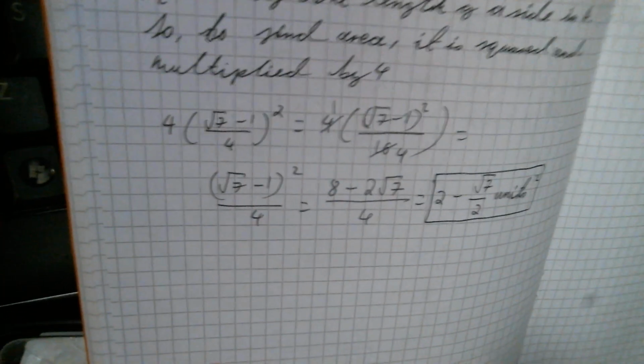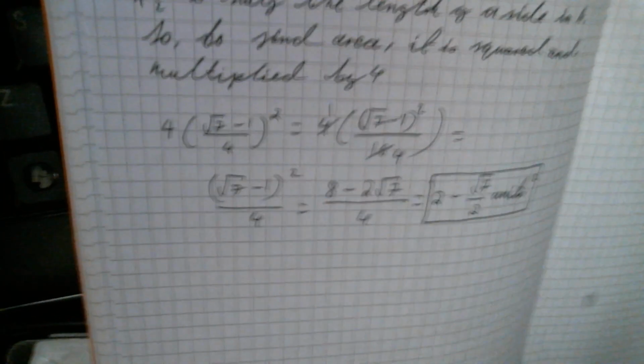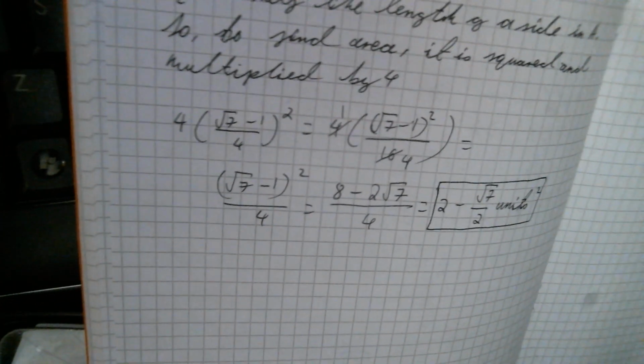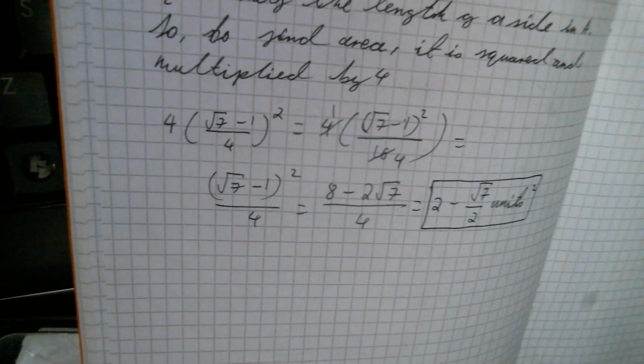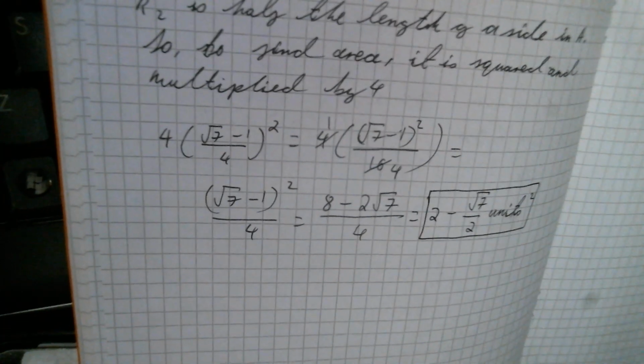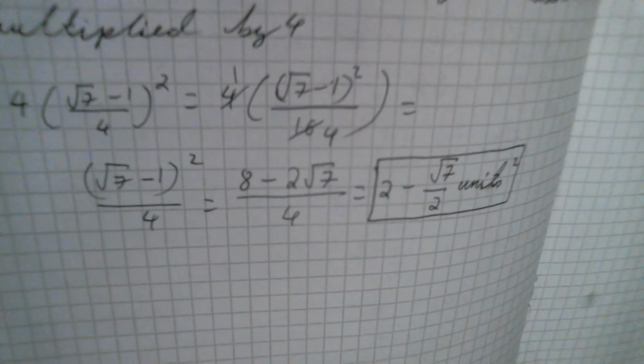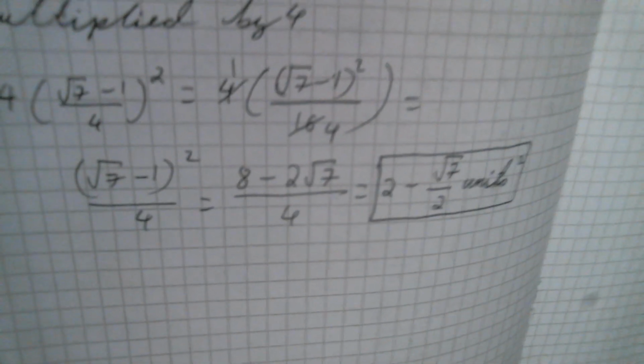We then apply that to get 8 over 4 minus 2 root 7 over 4, to get 2 minus root 7 times 2 over 4, which is 1/2, to get 2 minus root 7 over 2 units squared. Thank you for coming to my lecture.